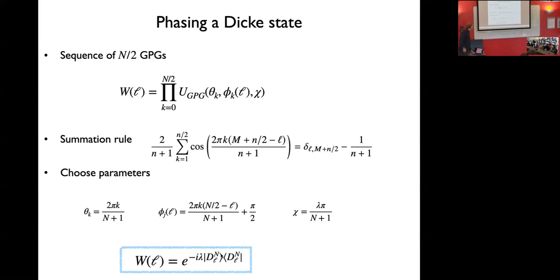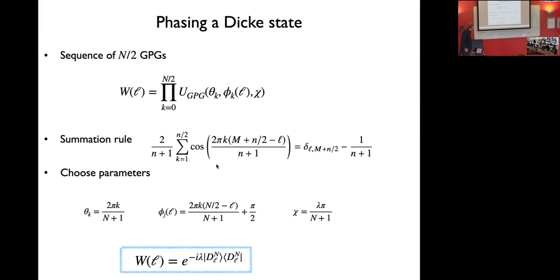Well, that can be realized by taking products of these geometric phase gates. Because these gates commute, it's easy to analyze what gate we would need in order to get a phase occurring only on a single Dicke state.